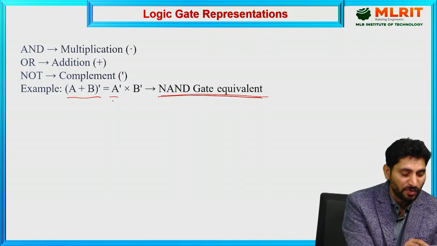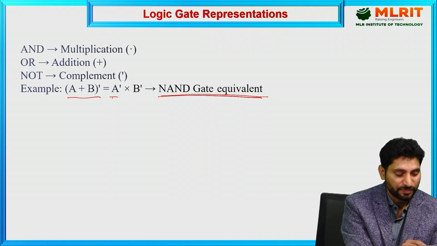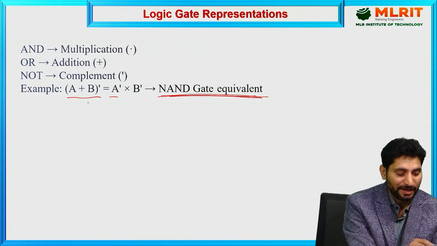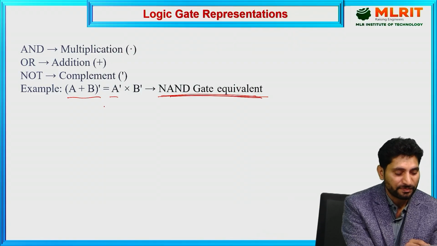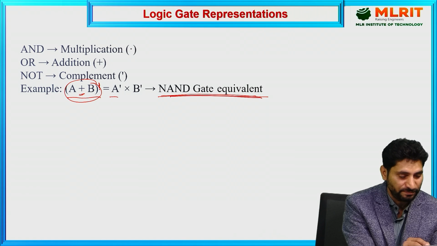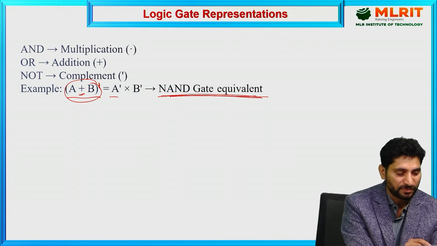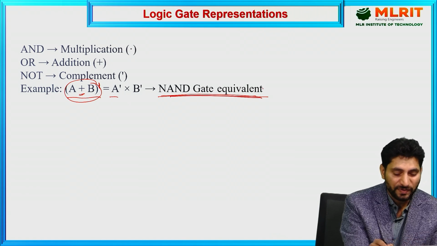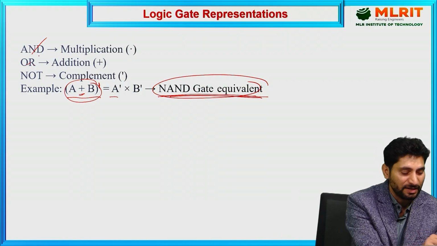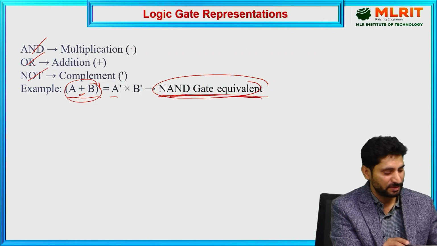So here what operators have I used? Actual expression for NAND logic gate is A plus B whole bar. To implement this, we have used OR operator, NOT and AND. This is how we can represent NAND logic gate in terms of AND logic gate, OR logic gate and NOT logic gate.